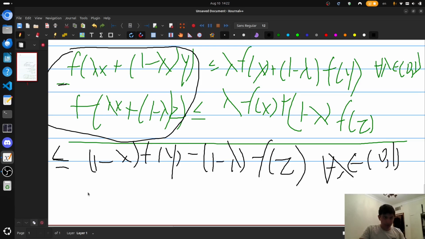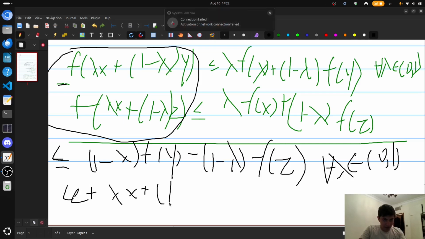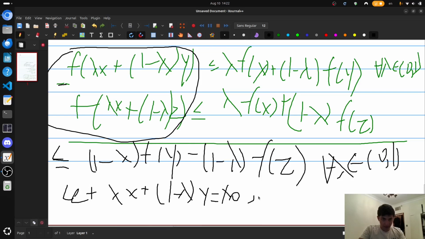And we can construct basically over here. So we're going to say let lambda x plus 1 minus lambda y equals x naught, and lambda x plus 1 minus lambda z equals p.